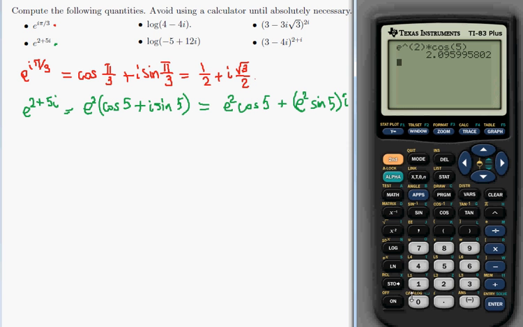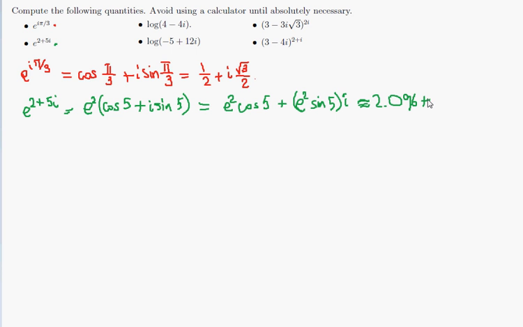The imaginary part will be e squared times the sine of 5 radians. Now this might look funny because there's no pi inside of the sine function, but just 5 radians, whatever that works out to be. And that works out to be about negative 7.086. So negative 7.086 times I.